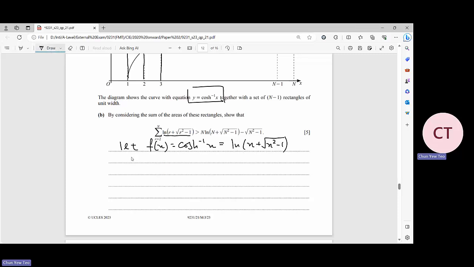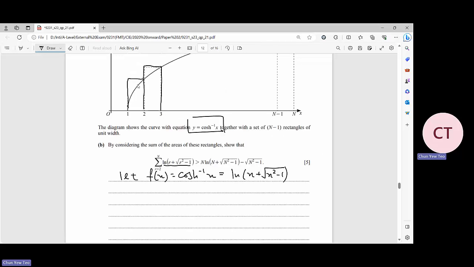So the sum, that means what is the area for the first rectangle? The area for the first rectangle is actually F2 multiplied by 1, plus the second rectangle, which is F3 multiplied by 1. We need to find the pattern first, then plus until you plus the last one.